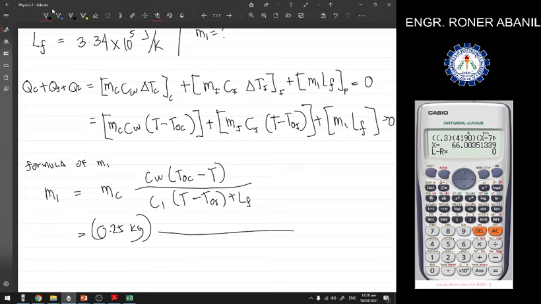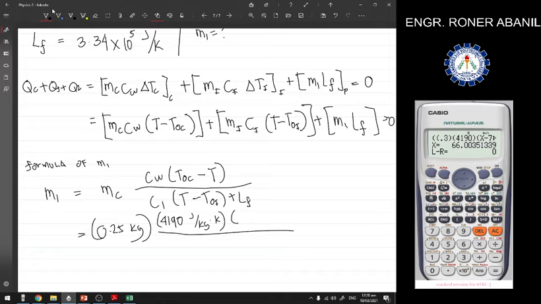Ngayon, C W natin, yung constant ng water. Ano yun? 4190 joule per kilogram K. Tapos, initial ng cola.